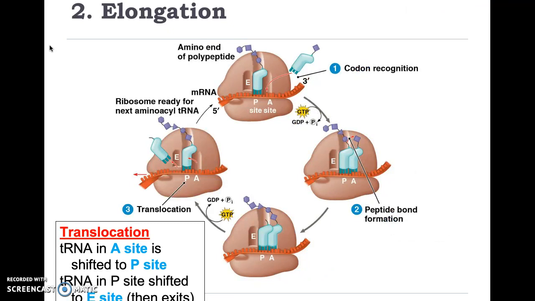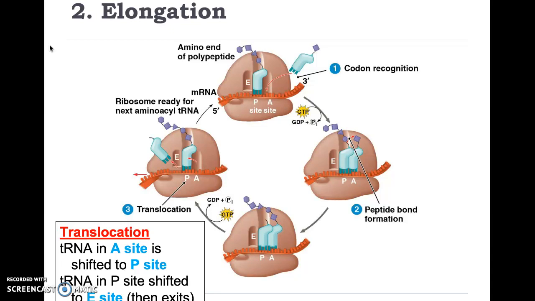The process of the tRNA molecules being shifted into a new site within that ribosome is called translocation, which is the final part of elongation. So again, please really look at this diagram and see how the tRNA molecules are moving within the ribosome.